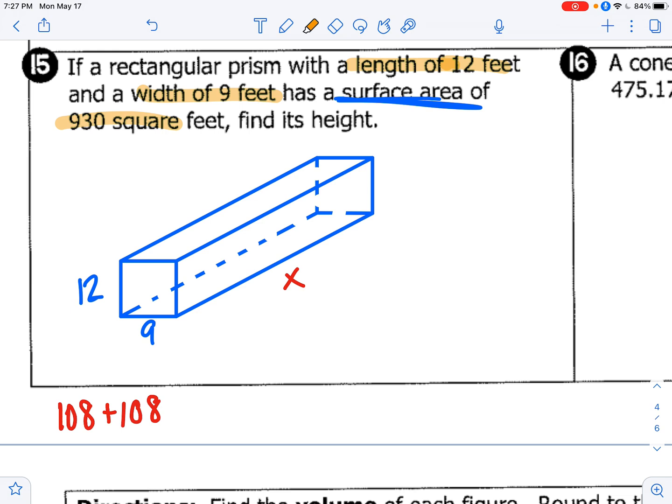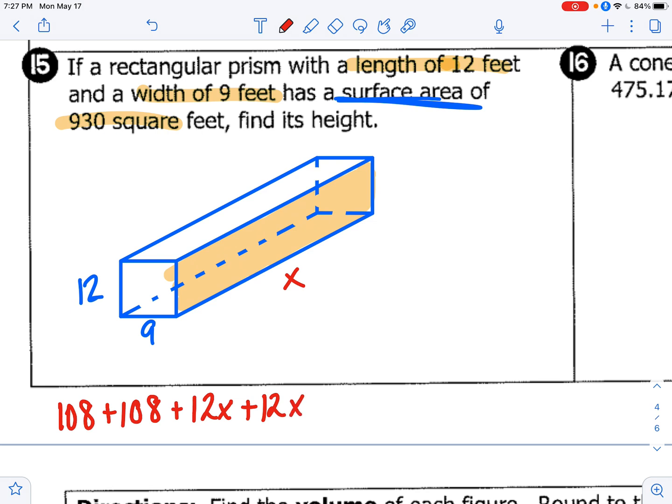Now let's take a look at this side of my rectangular prism. What's the base? What's the height? It looks like x is the base and the height is 12. So if I multiply base times height, 12 times x, I get 12x.